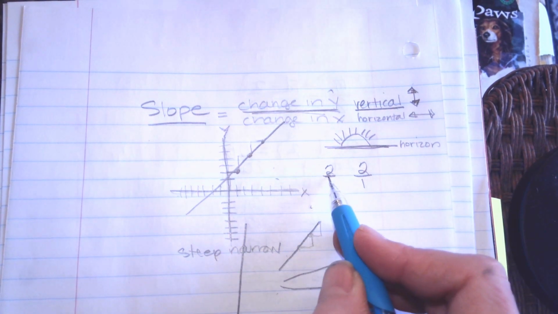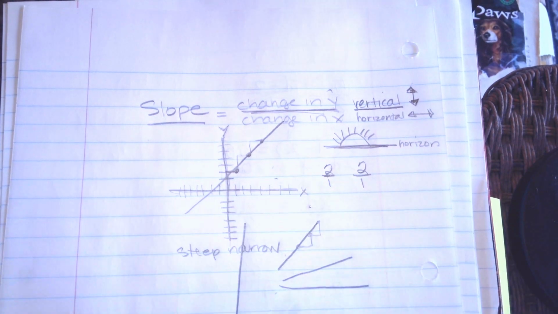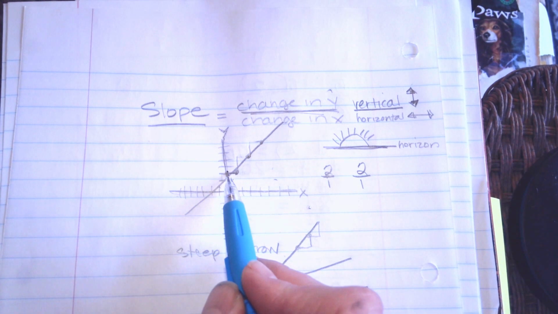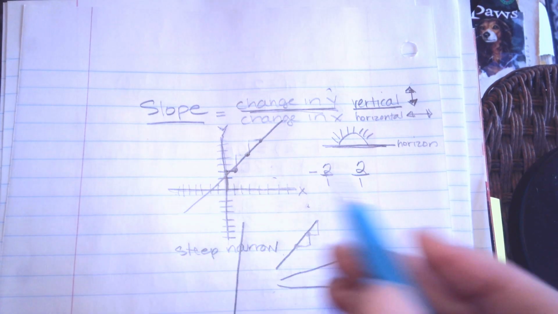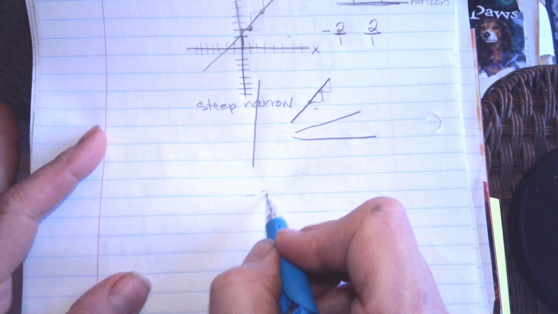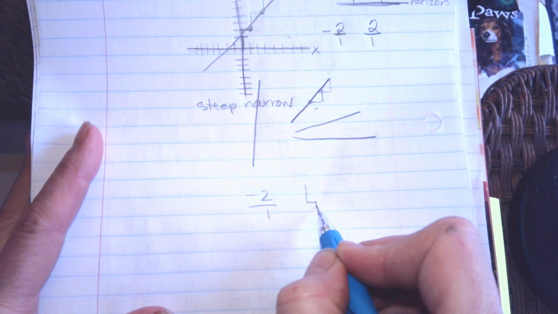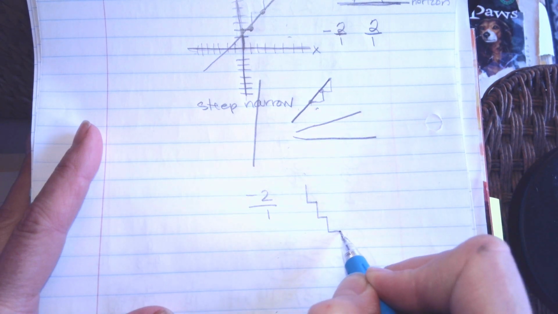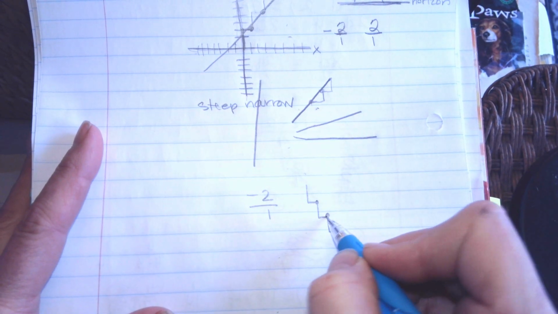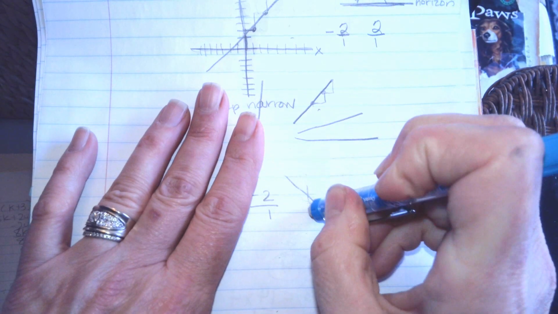If the fraction or the number is positive, then you go up on the y-axis. If it's negative, then we go down. So if it was negative 2 over 1, you would go down 2, over 1, down 2, over 1, and these would be your lines. And then we get rid of the staircase.